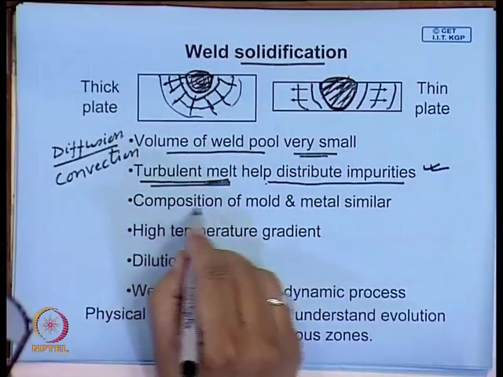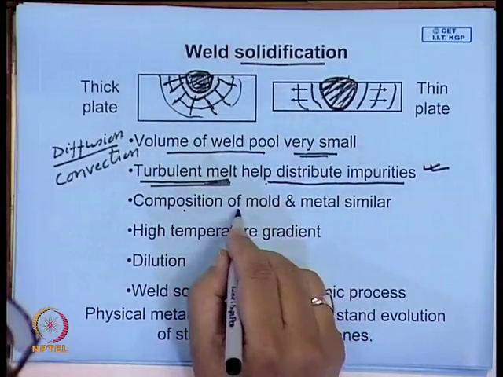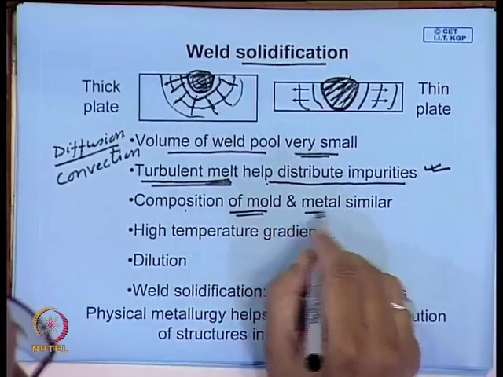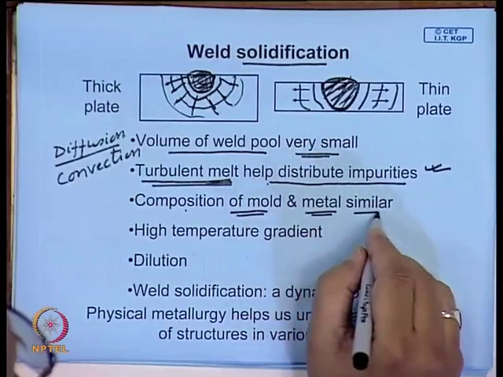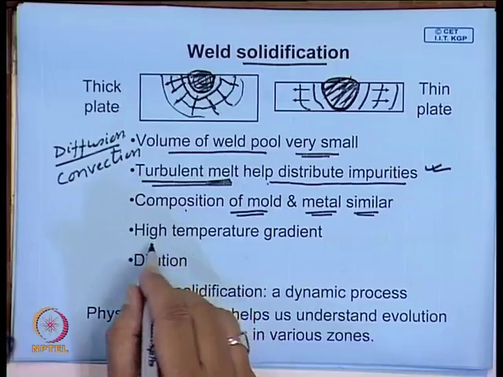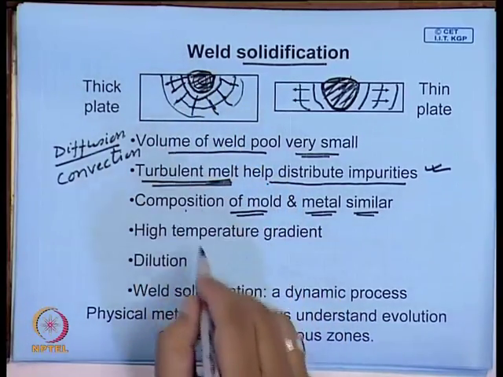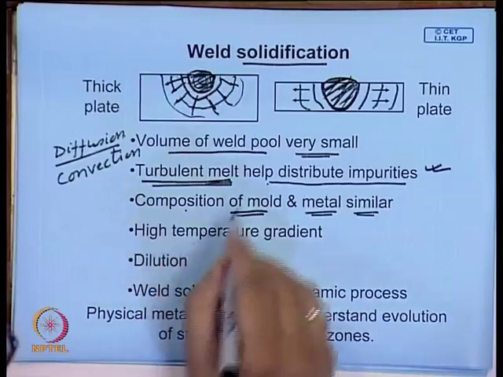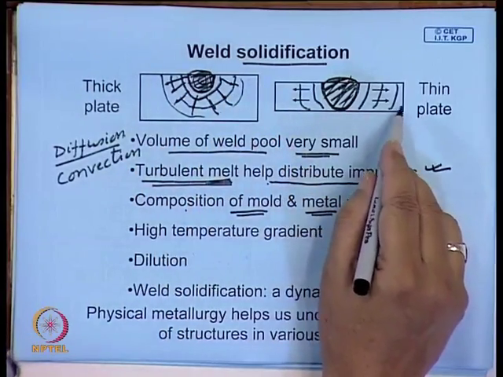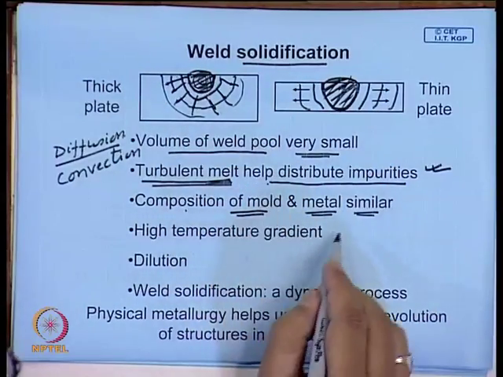It will also depend on the composition of the mold, that is the metal which is being joined, and usually we use similar metal as filler metal, so they have some similar characteristics. There is also the solidification in this case taking place under a high temperature gradient, because the mold is made up of metal which has good conductivity, and possibly in many cases is at room temperature.